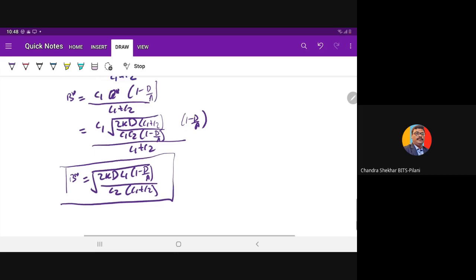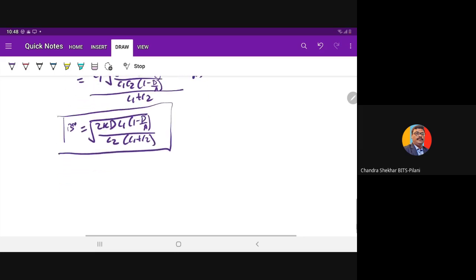So that is your B star. So B star is known as economic back order quantity.